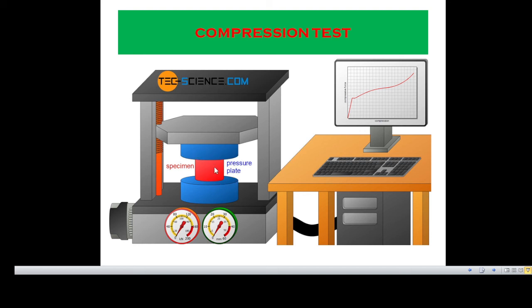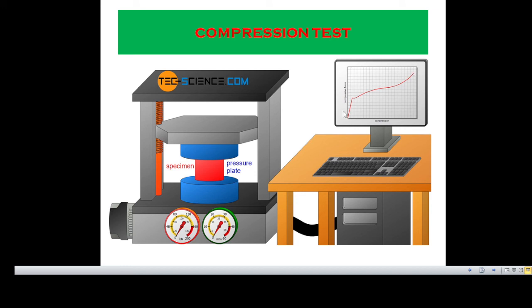Then the cross-sectional area of this one will increase, and finally we will get this type of curve. As there is no neck formation, we will get this type of curve, and at the fracture point the value will be maximum.